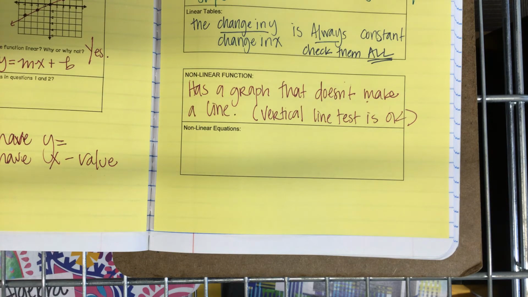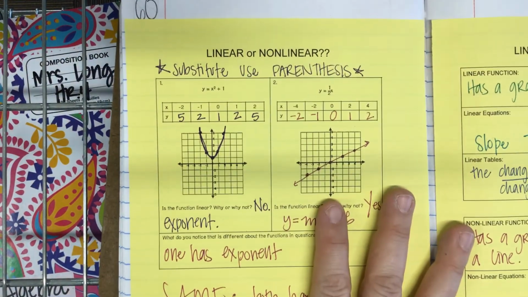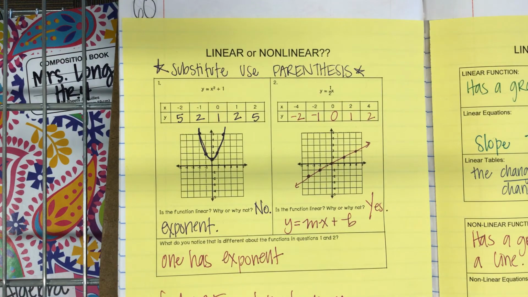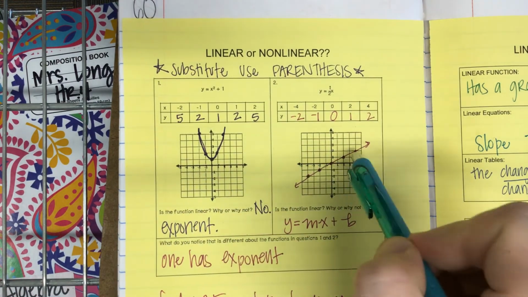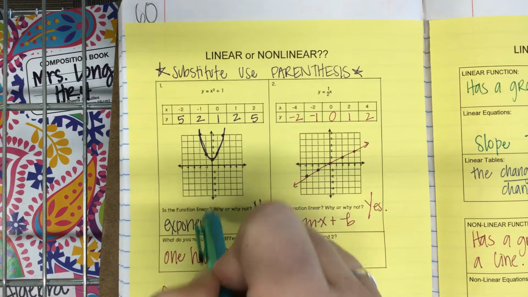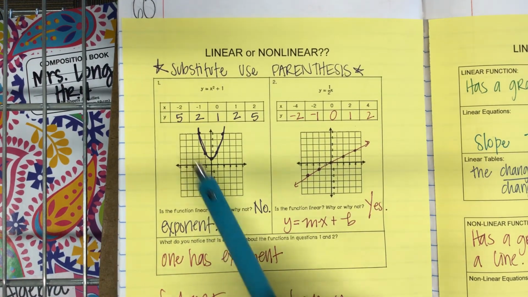Look at the equation. That is not a function, not a linear function. Look over here. What did you notice about that equation? What's different? What was one of the differences we talked about? This one's linear. This one's not. Raise your hand. Gage, what does the nonlinear function have?